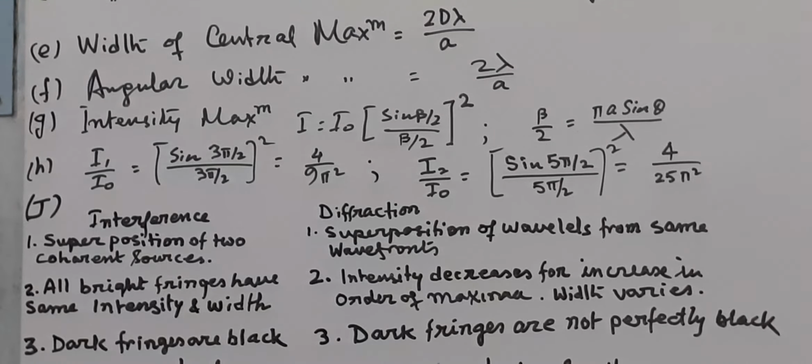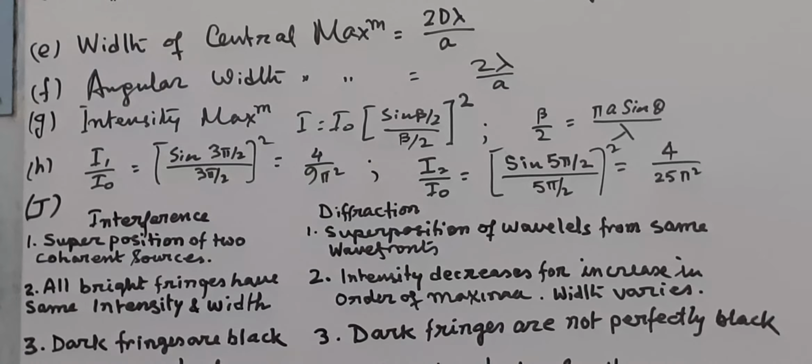Similarly, the second maxima divided by the fundamental intensity I naught will be (sin 5 pi by 2 divided by 5 pi by 2) whole to the power 2, that is 4 divided by 25 pi square. All these derivations are not in your present syllabus, but you can know all these to face all kinds of exams.